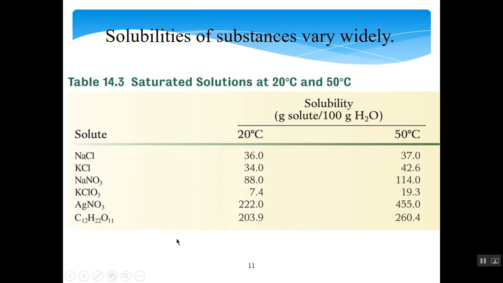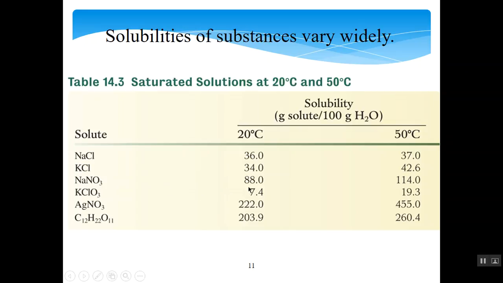This is a table showing you the solubility of different substances in water at 20 degrees and at 50 degrees. As you can see here, for example, sodium chloride has a solubility of 36 grams per 100 grams of water. Potassium chloride at 20 degrees is slightly less soluble.